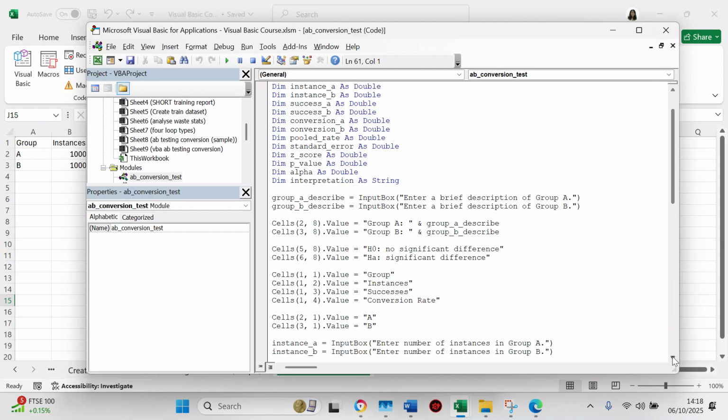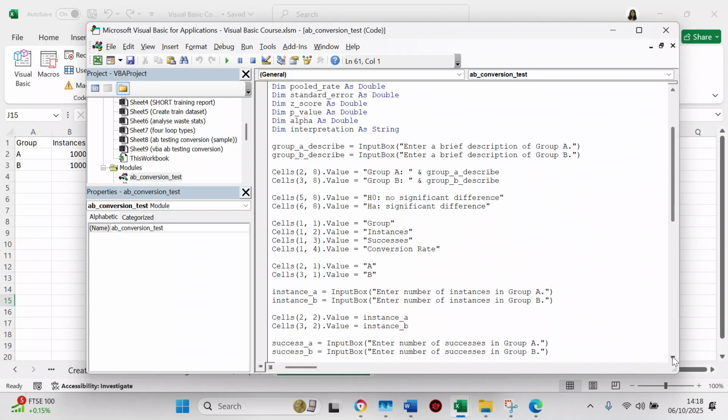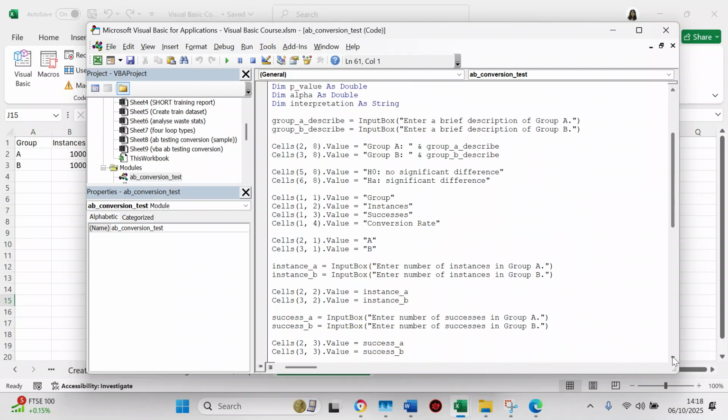Group A equals describe in input box, enter a brief description of Group A. Group B describe is the same thing. Then Cells(2, 8) is Group A plus Group A describe, and Cells(3, 8).Value equals Group B plus Group B describe.